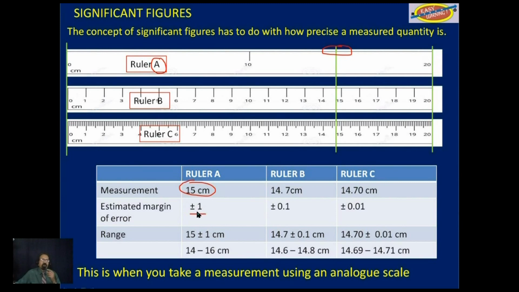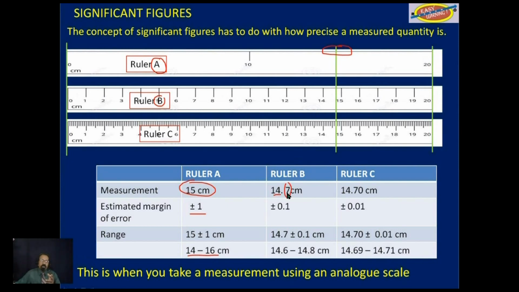And so on ruler A it could be anywhere from 14 to 16 centimeters if you look at this. But when you come to ruler B, we find that the situation is different. We now know it's more than 14, it's less than 15, it's somewhere around 14.7.